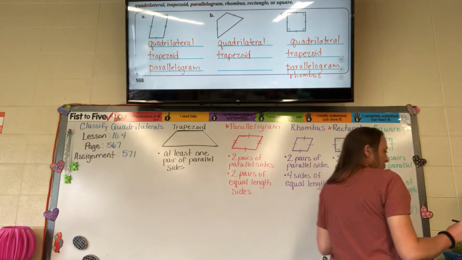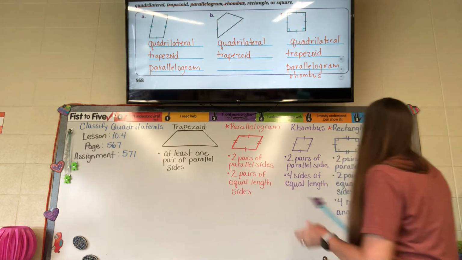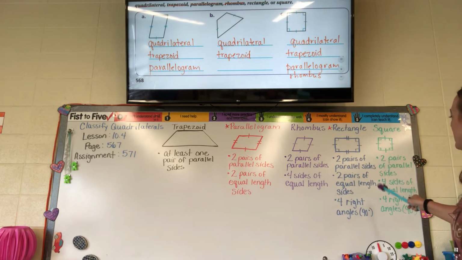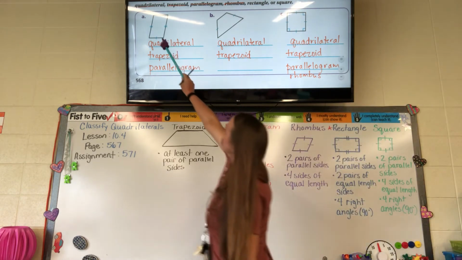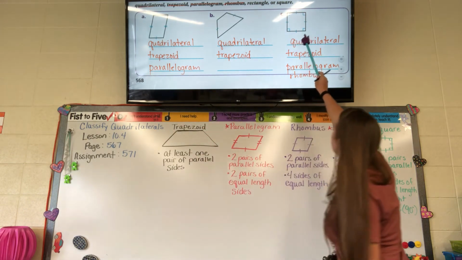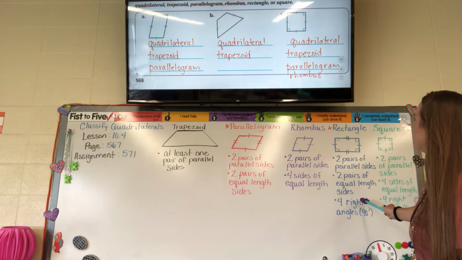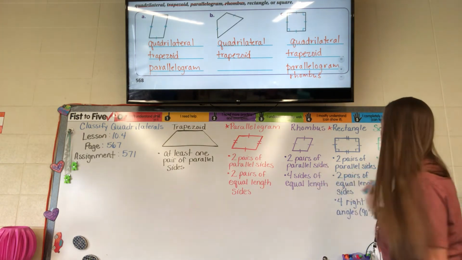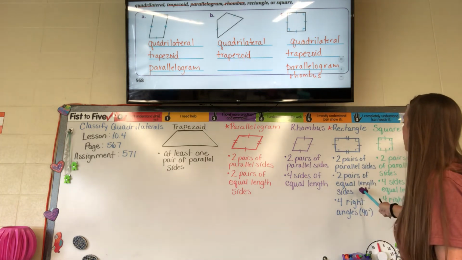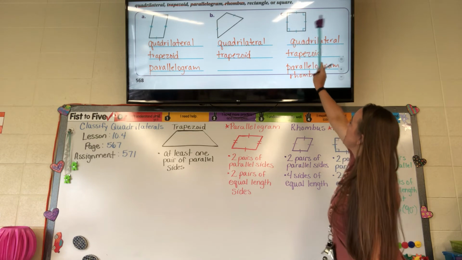And now we go on to rectangle or square. So for a rectangle, it has to have four right angles. So this guy is out and this guy is out. This guy has four right angles. And does this guy also have two pair of parallel sides? Yes. Does it have two pairs of equal length sides? Well, this is the same as this, and this is the same as this, so yes.